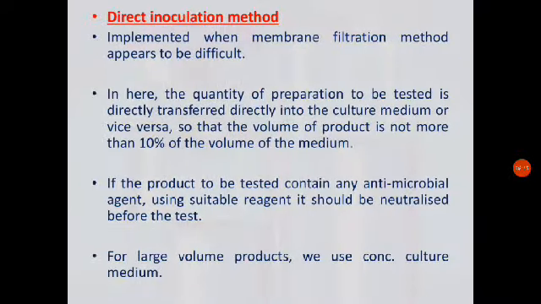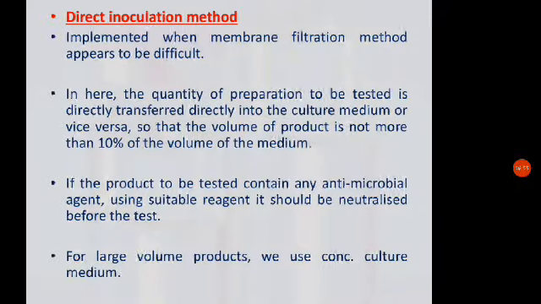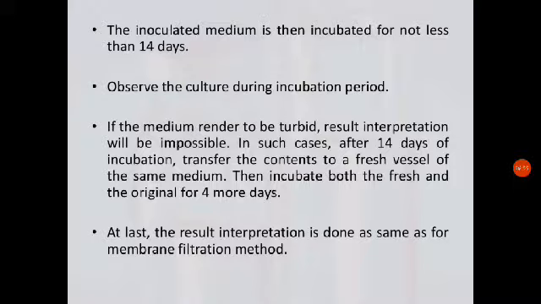Then in the direct inoculation method, a specific quantity of the product is transferred by means of a micropipette, and the volume is transferred to the 2 media, each in equal quantity, and it is then cultured, observing the culture during the incubation period.